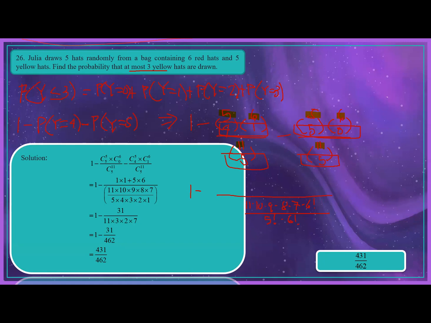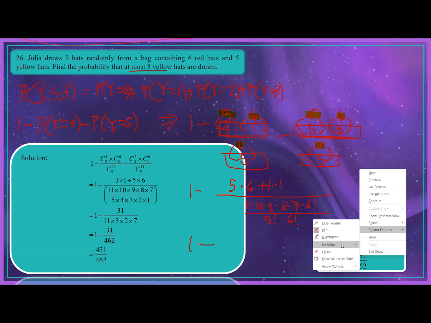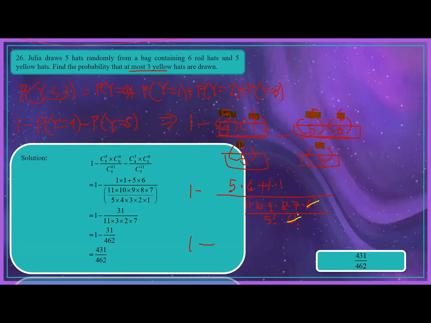For the numerator, you have 5 choose 4, so that's 5. Then for 6 choose 1, that's 6. Next is 5 choose 5, so that's 1, and 6 choose 0, that's 1 also. In total, let's just cancel this out. Cancel 120. So for 5, this is 5 factorial, this 120.